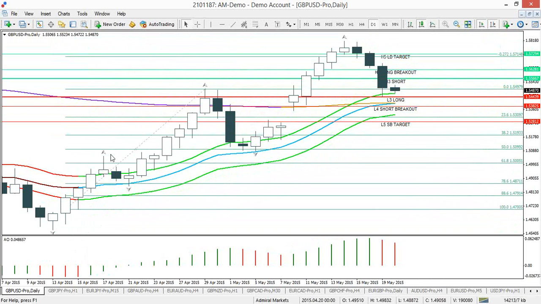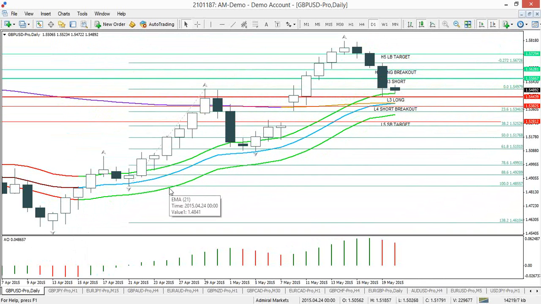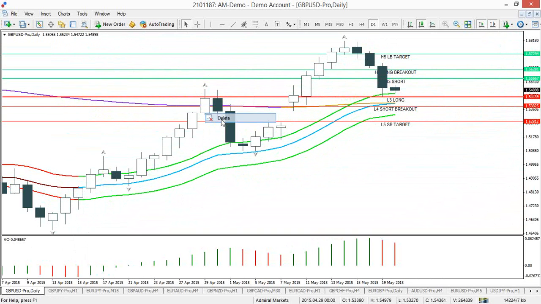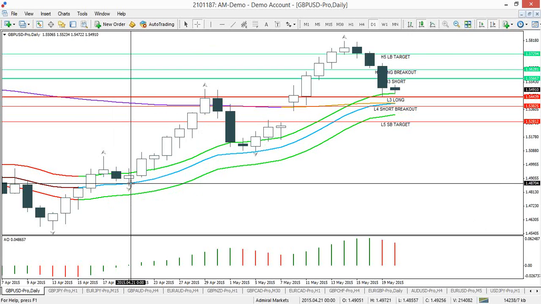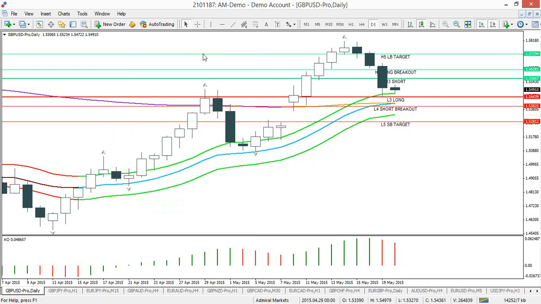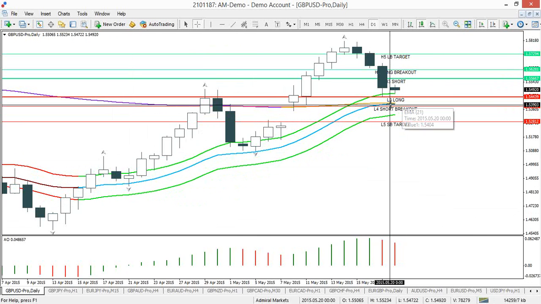Let me check something here. Yeah, in this case, the 21 band is typically used as support, and you did have very nice examples here indeed with bounces. But those are almost picture perfect examples. It's definitely possible.